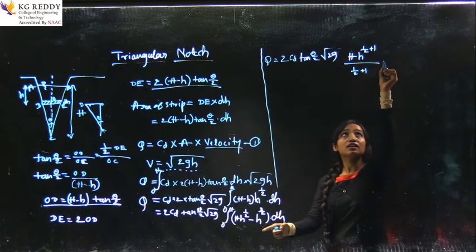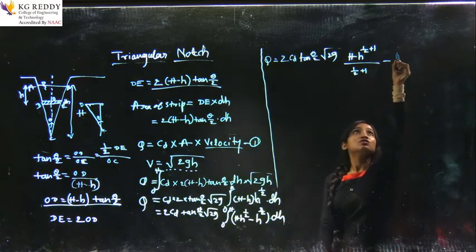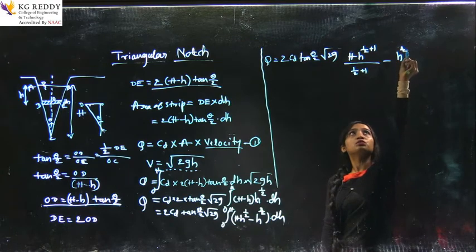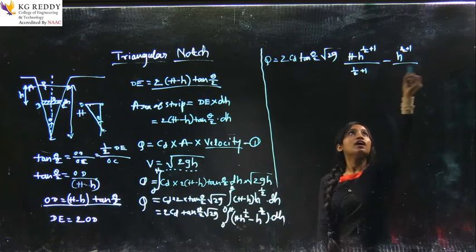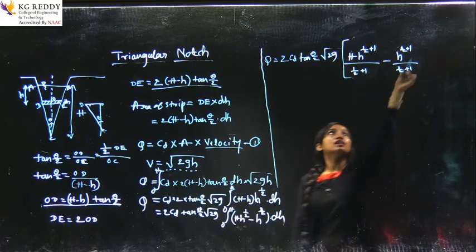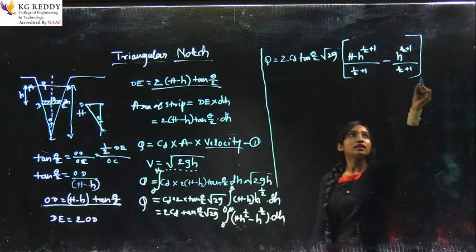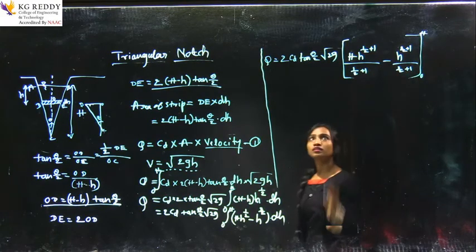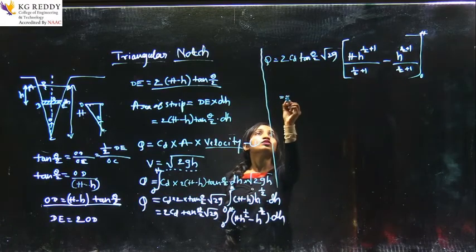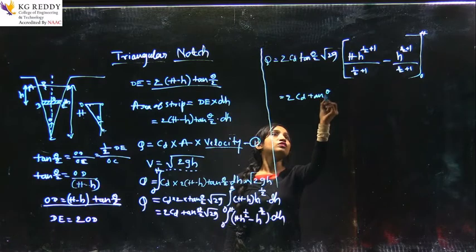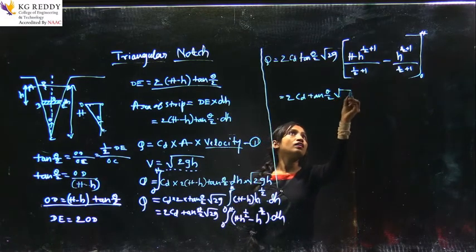So, minus, I will keep it as it is: h raised to 3 by 2 plus 1 divided by 3 by 2 plus 1. Still we need to apply the limits, those are 0 to H. 2CD, these are the constant terms I am keeping.